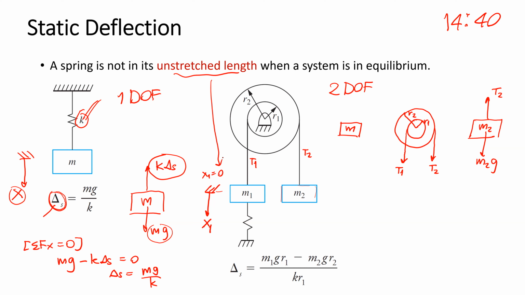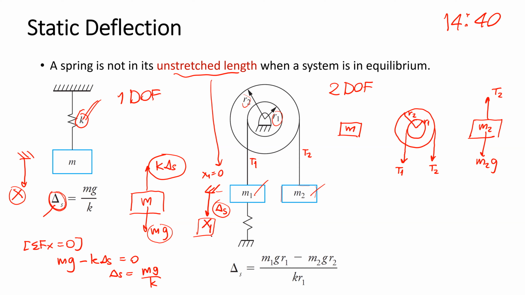And with the effect of the weight, it's gonna have the static deformation in the downward direction. Actually, we still don't know mass M1, M2. We don't know the radius. So we just assume the positive direction first.